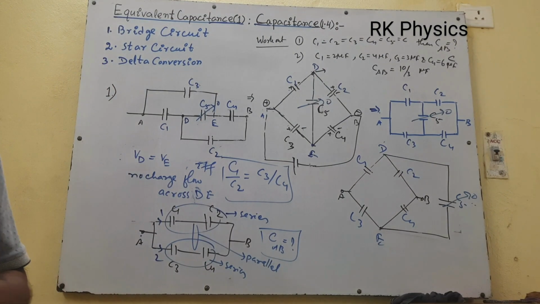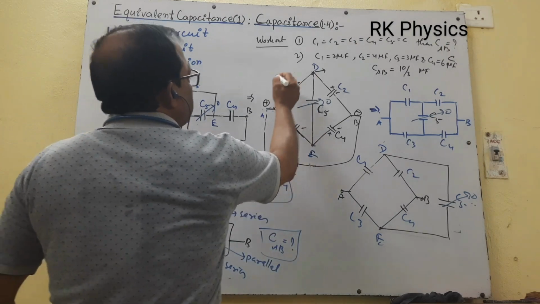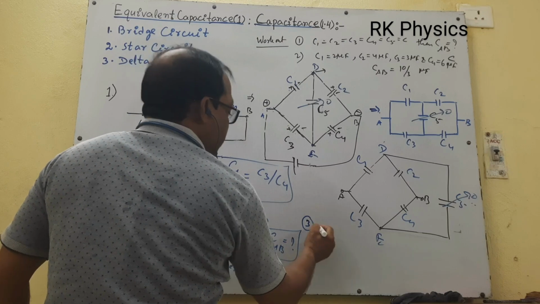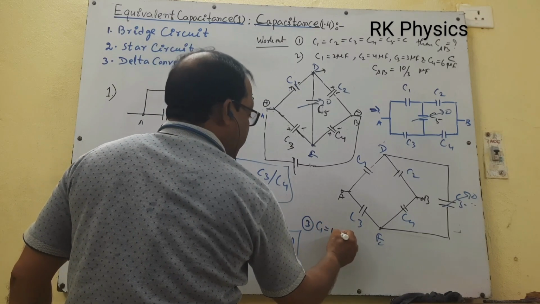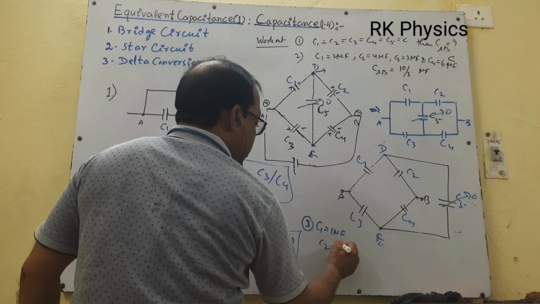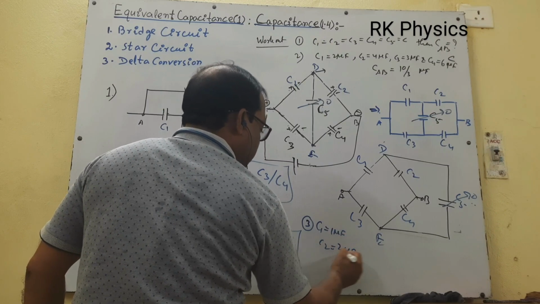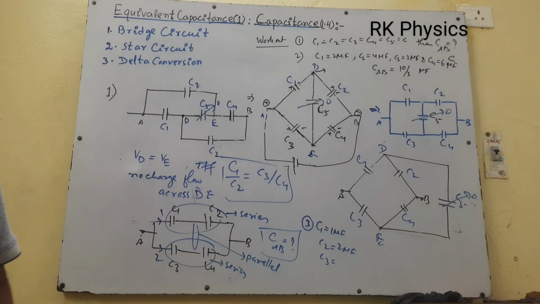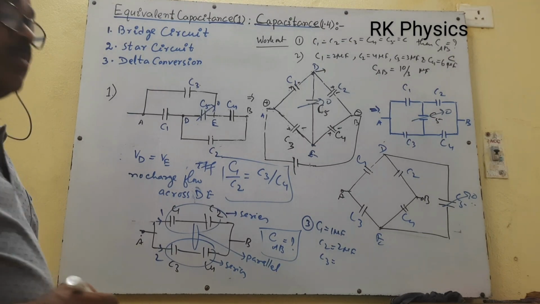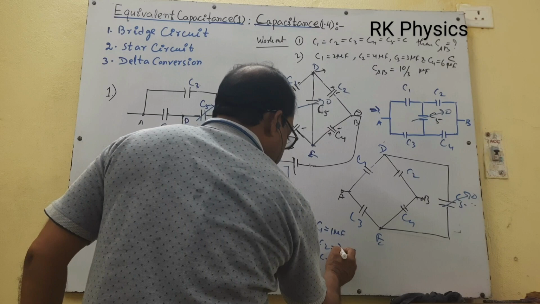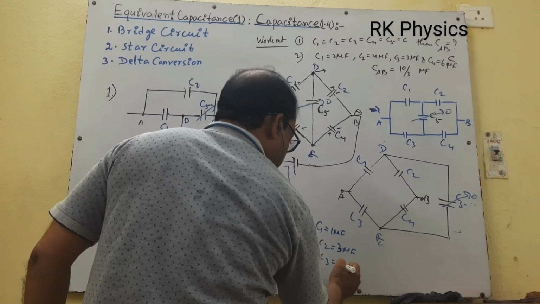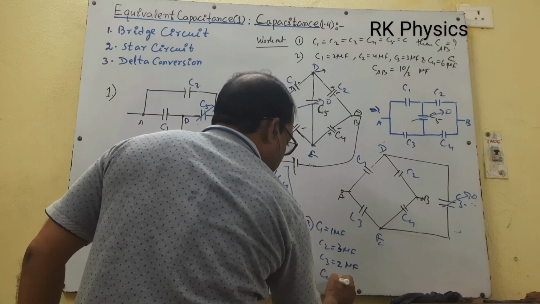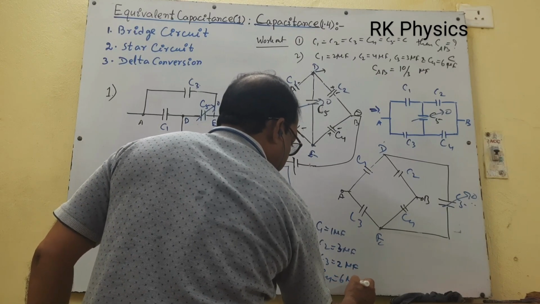And here is the third example. C1 is 1 microfarad, C2 is 3 microfarad, C3 is 2 microfarad, and C4 is 6 microfarad.